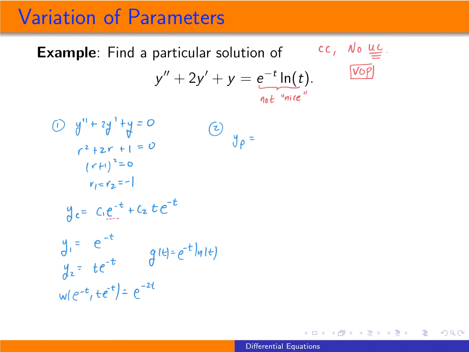Putting this all together, our particular solution is going to be u1 multiplied by y1 plus u2 multiplied by y2, where in this case we have integrals for u1 and u2. So u1 is going to be minus the integral of y2 multiplied by g of t, all divided by the Wronskian.